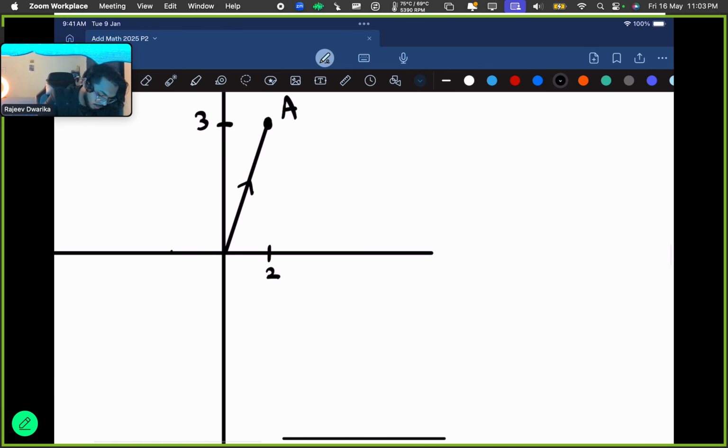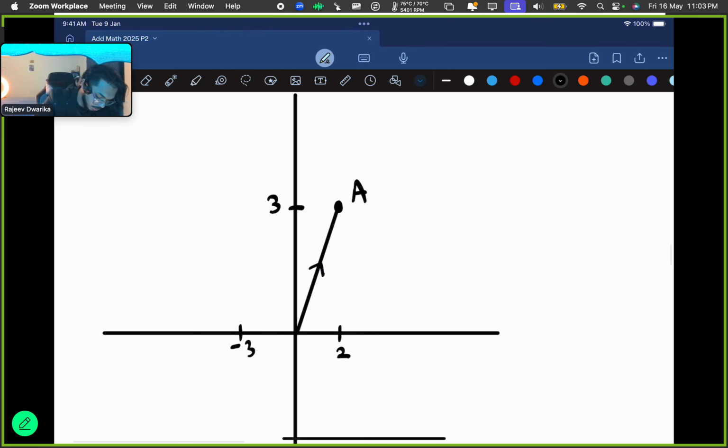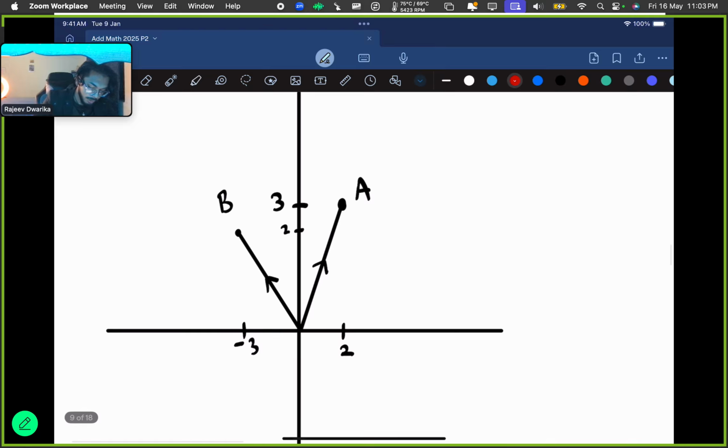That's going 3 to the left and 2 up, because it was positive 2. That will be B. You can clearly see what they're talking about, because this is O, and AOB is the angle in the middle.